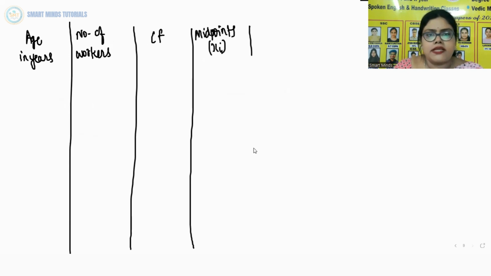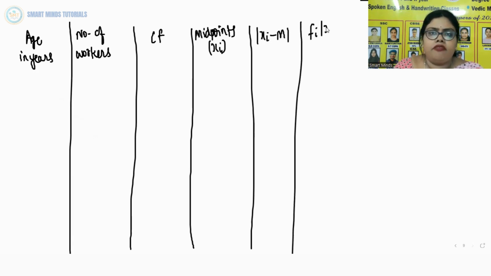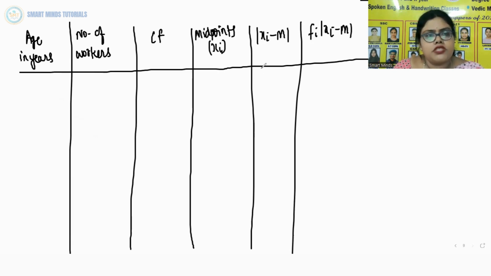Midpoints we take it as Xi. Then mod Xi minus M, and then Fi mod Xi minus M. Now first two columns we copy as it is.